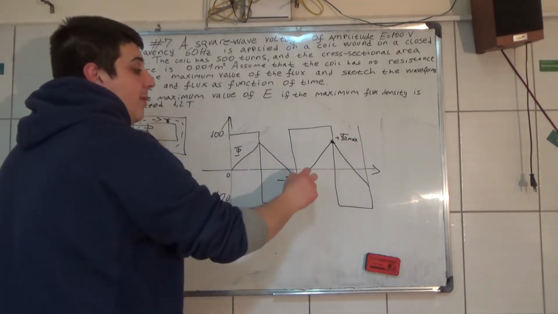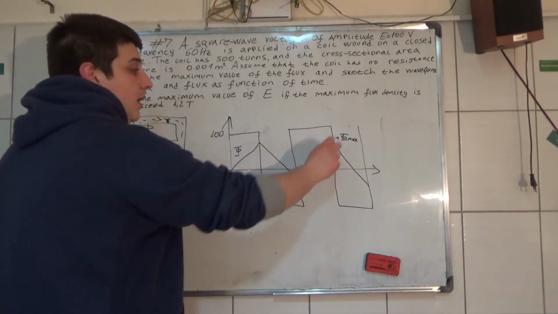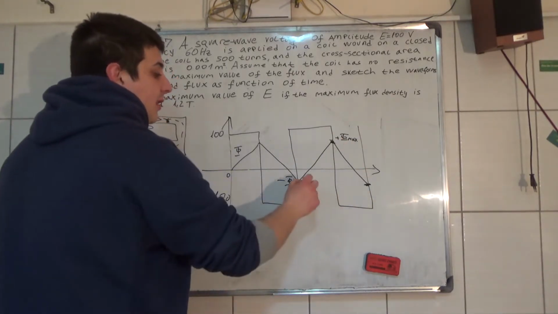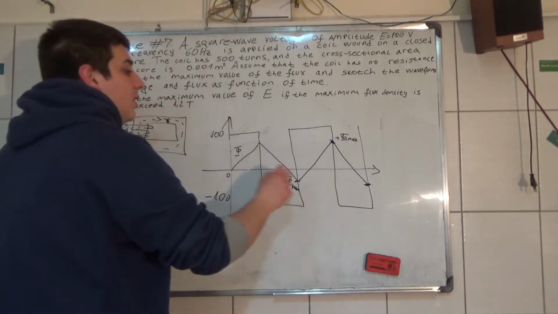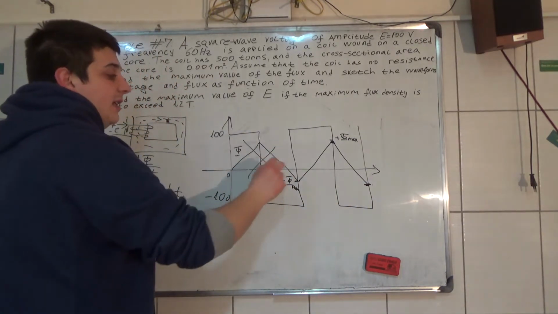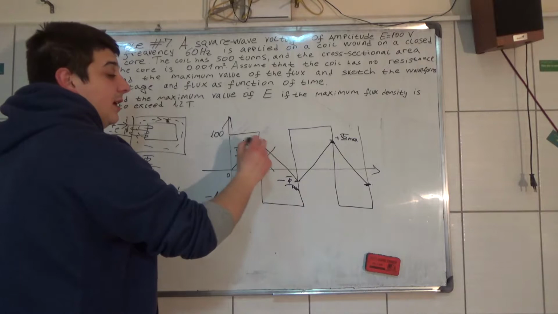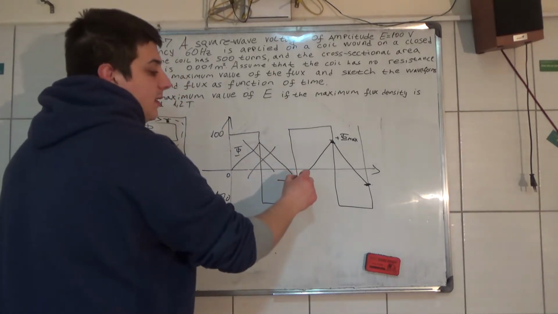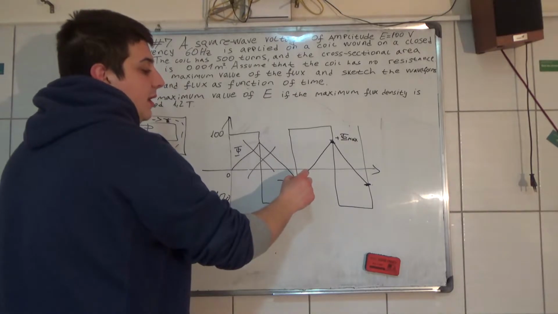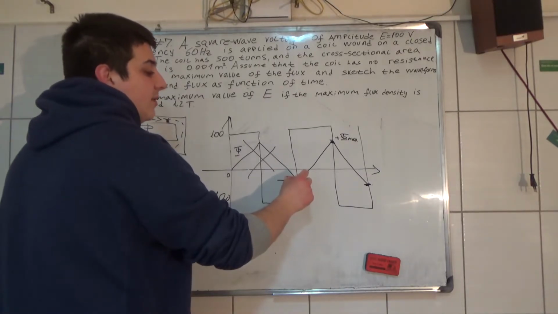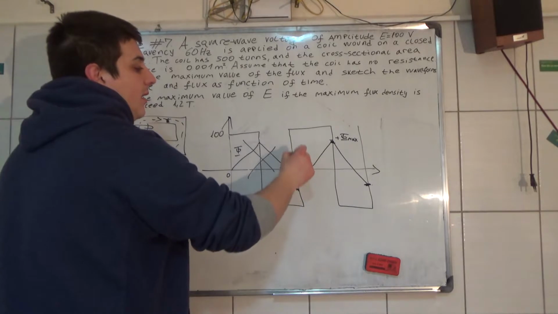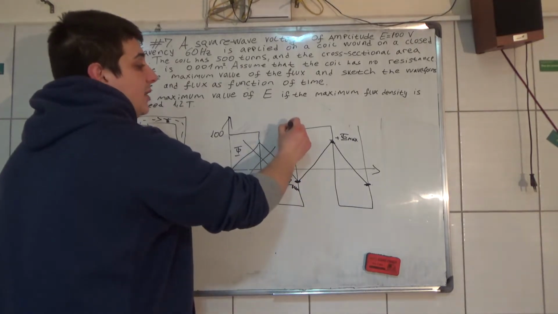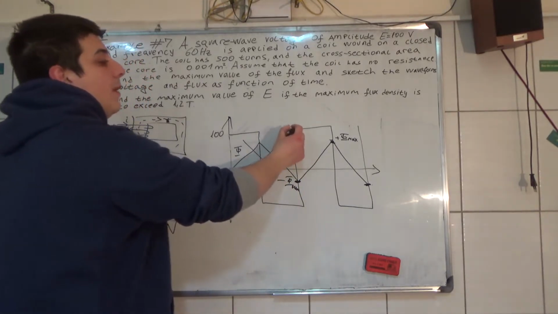So this beginning is not a steady state, and we're not going to take it. We take a point where flux is equal to minus flux maximum, and E starts from somewhere over here.